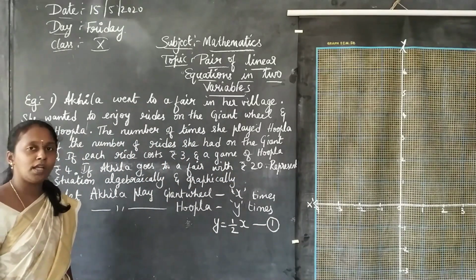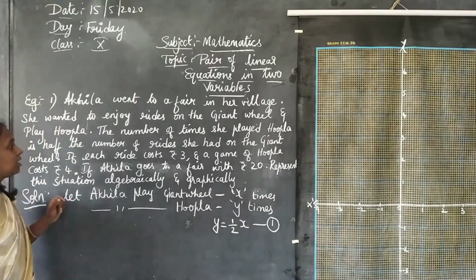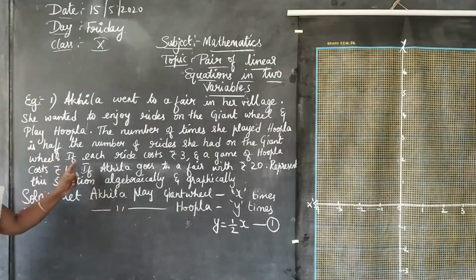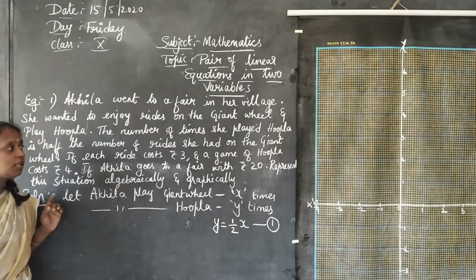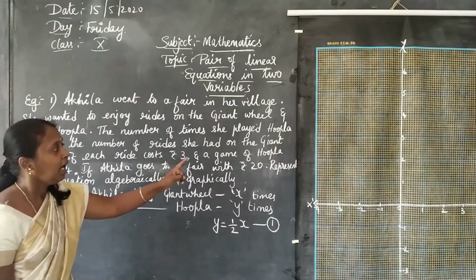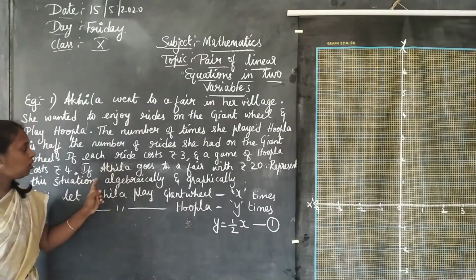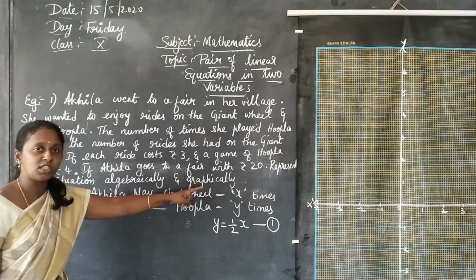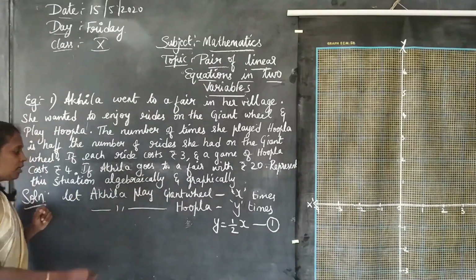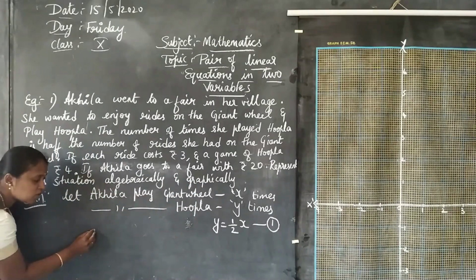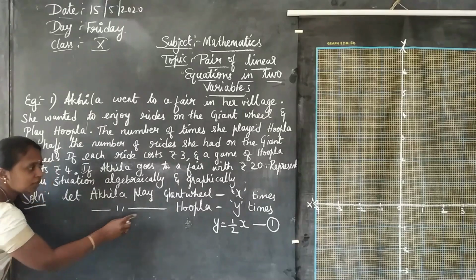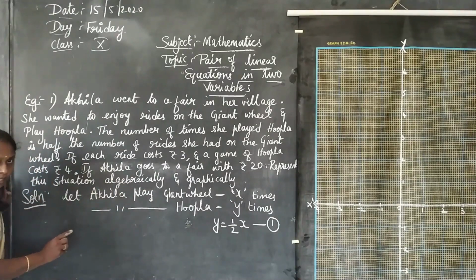Equation number 1. Next, each ride costs rupees 3 and a game of hoopla costs rupees 4. The total amount she has is 20. Let me write how we are going to write this now. The number of times she plays the giant wheel is x times.